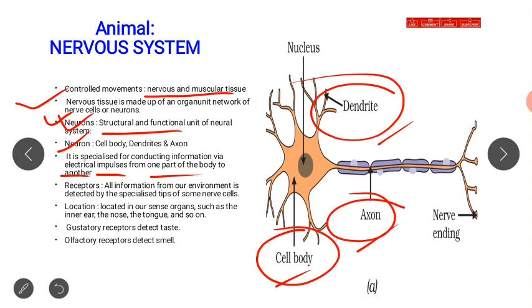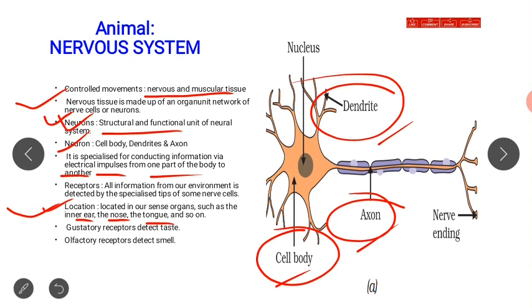These receptors receive the environmental stimulus and transfer it through the nerve cell. These receptors are present in many parts of our body, like ear, nose, tongue, eyes, skin, etc.